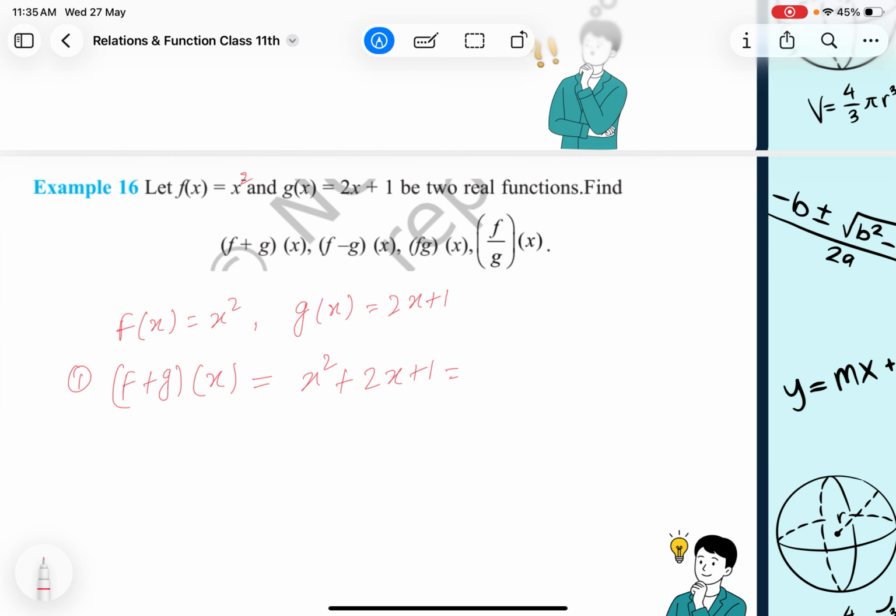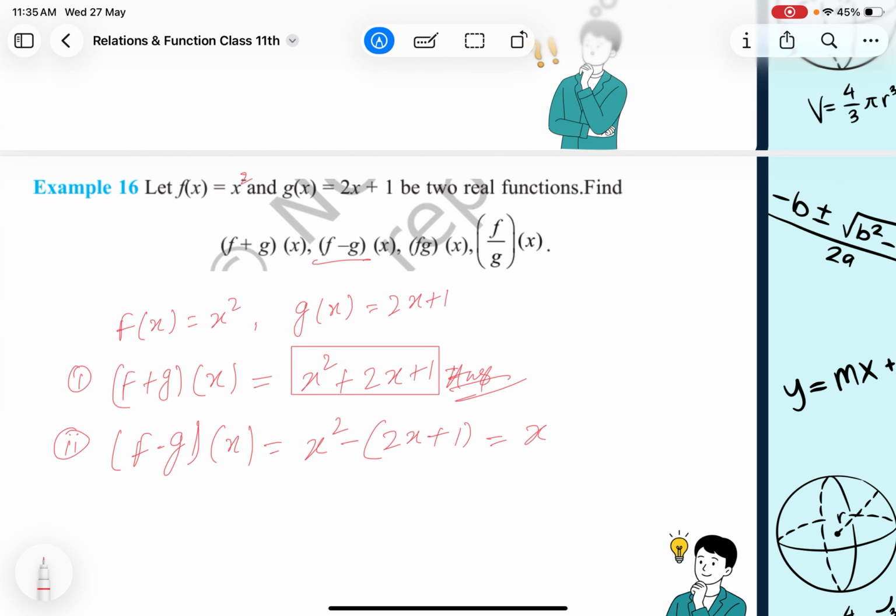This is the answer, that's it, nothing else. Now the second is (f minus g)(x). So f is x square minus g(x) which is 2x plus 1, that is x square minus 2x minus 1, and this is the answer.